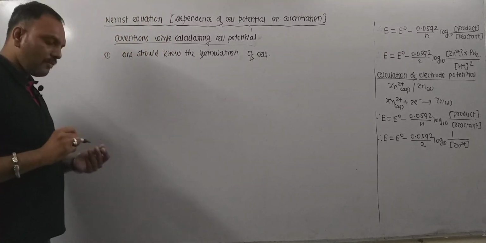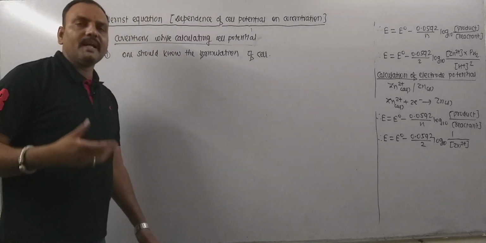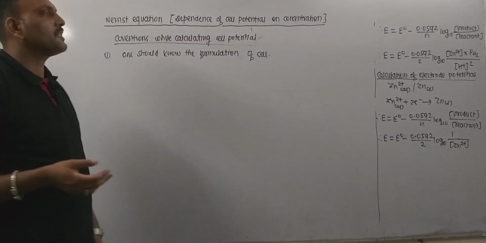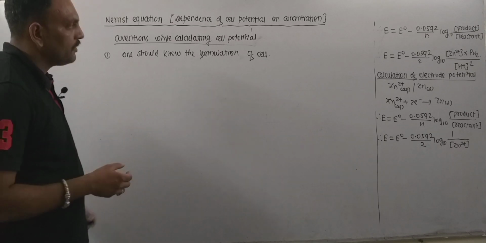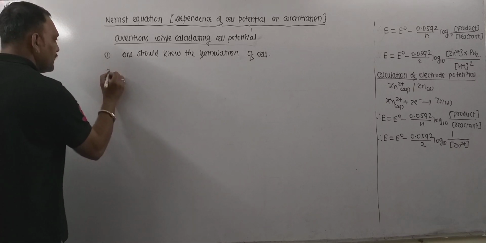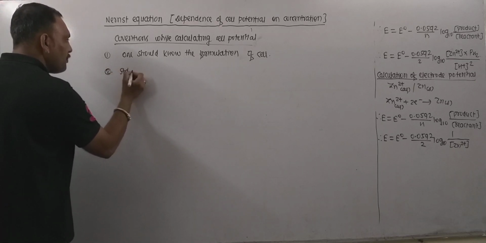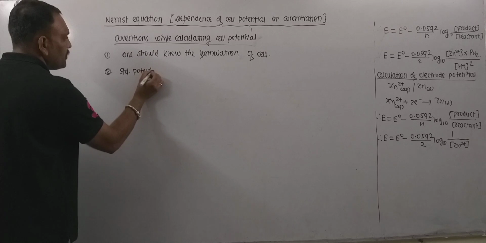So by knowing the formulation of the cell, we know exactly from the given cell representation where oxidation and where reduction takes place.